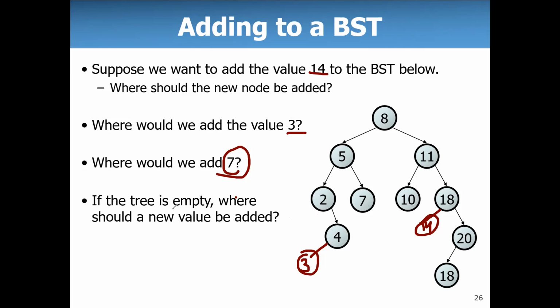If the tree is empty, where should the new value be added? It will be the root. So if the tree is empty, whatever value you are given will become the root.